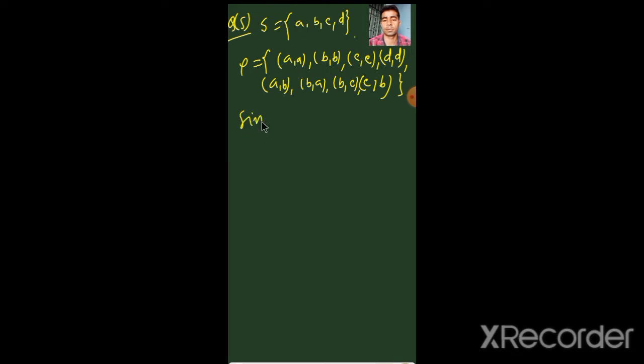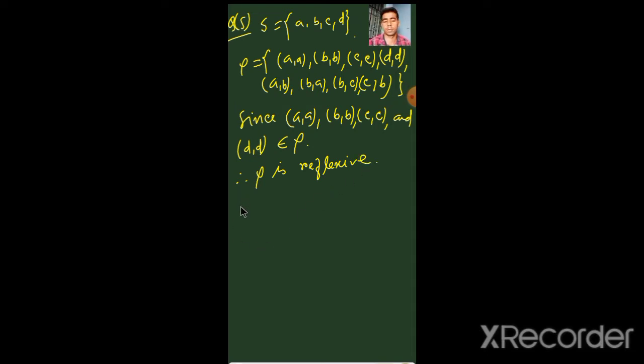Since (A,A), (B,B), (C,C) and (D,D) all belong to rho, therefore rho is reflexive. By the definition, (x,x) belongs to rho for all x belonging to S. This is the definition of a reflexive relation, hence rho is reflexive.